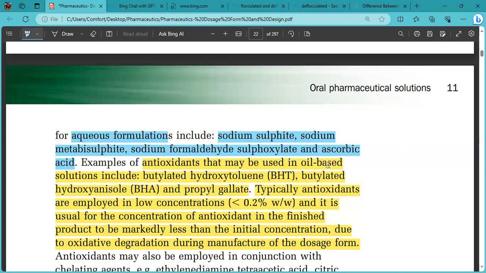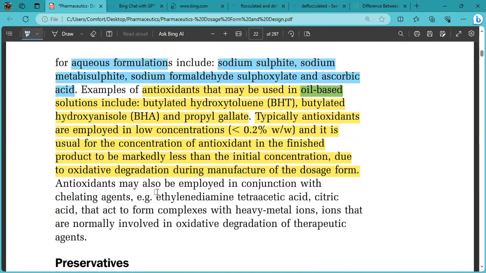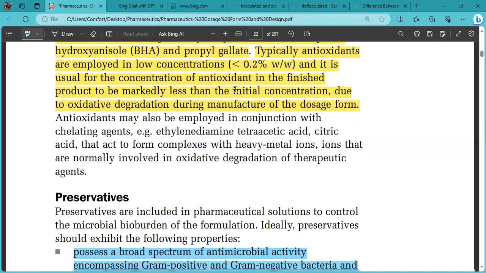And then examples that are used in oil-based solutions are BHT and BHA, butylated hydroxytoluene or butylated hydroxyanisole, and propyl gallate. Just keep in mind there are different ones used for aqueous formulations and those used for oil-based formulations. So oil-based: BHT, BHA. And the aqueous ones are the sulfites, the sodium sulfite or the metabisulfite.